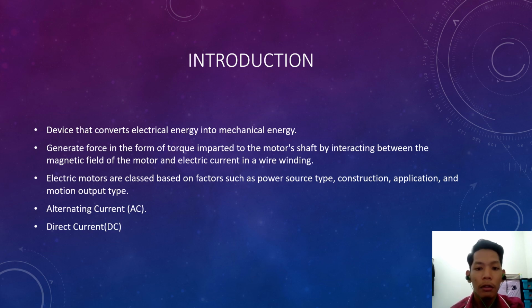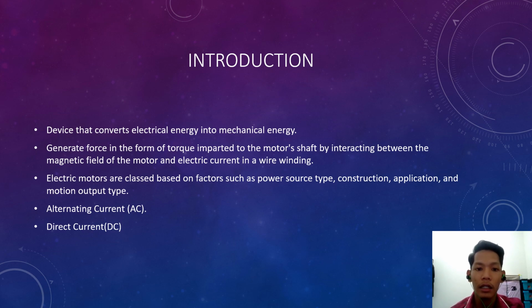Electric motors are classified based on factors such as power source, construction, application, and motion output type. They can be powered by alternating current or direct current, brushed or brushless, single phase, two phase or three phase, axial and radial flux, and air or liquid cooled.